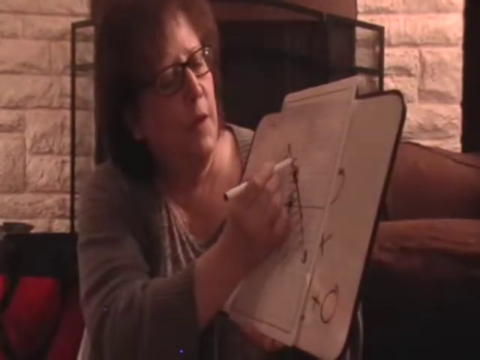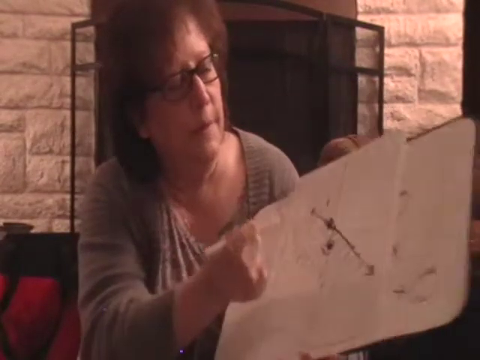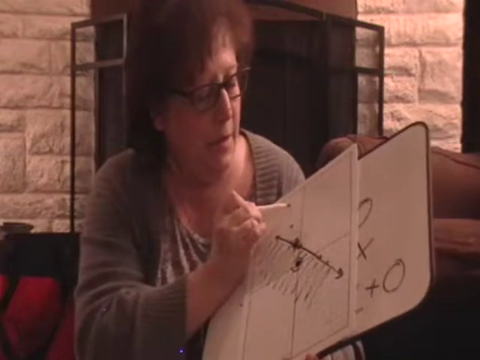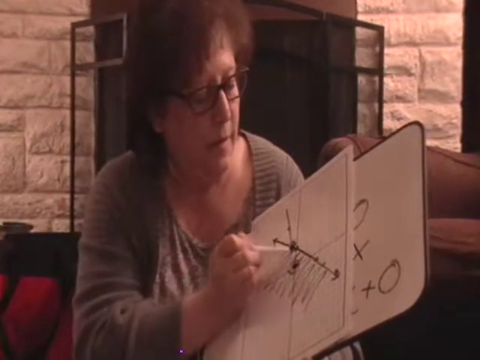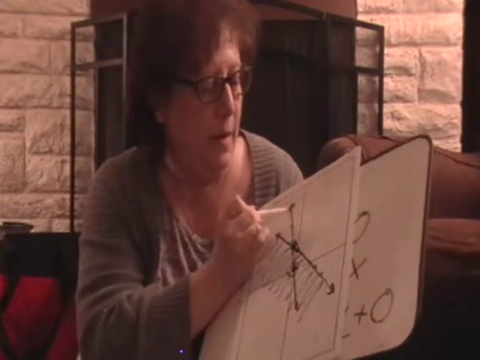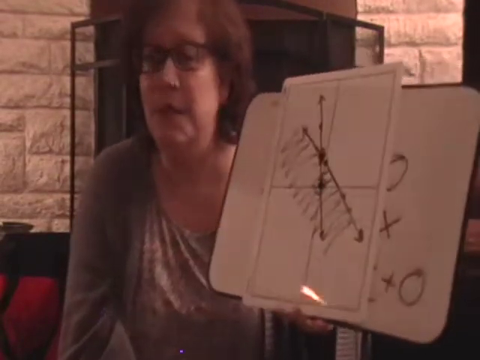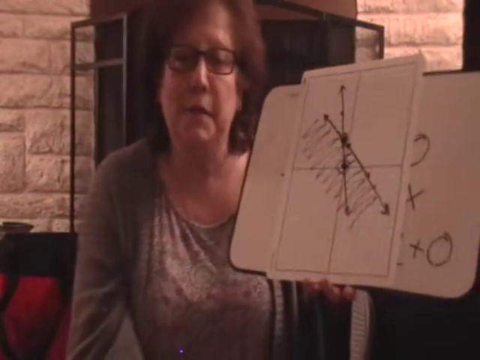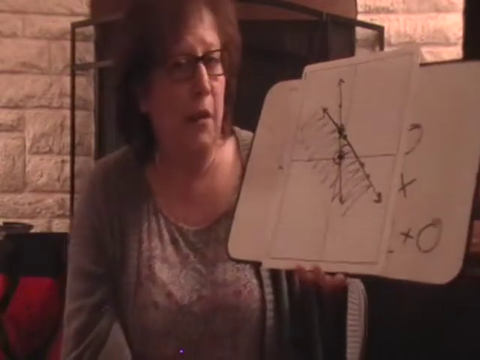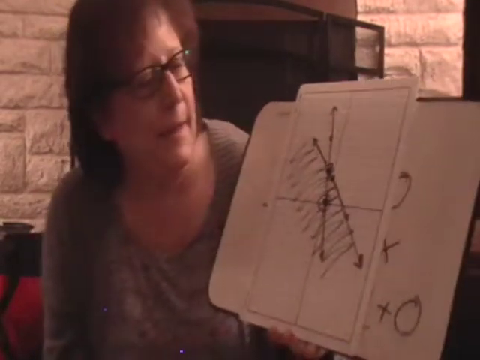Over 1, up 1, 2, 3, 4. And I end up with my line. Now, you probably are looking for something to intersect. You probably are looking for them to be close. Probably not parallel lines at this point, but maybe.